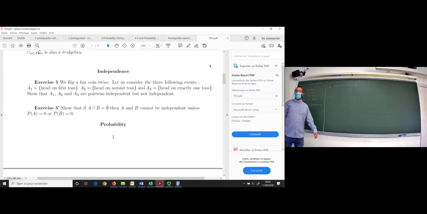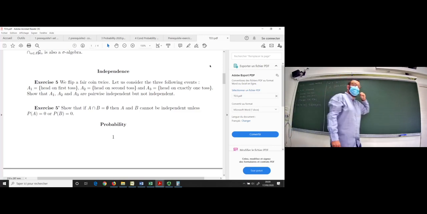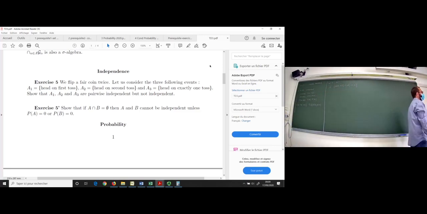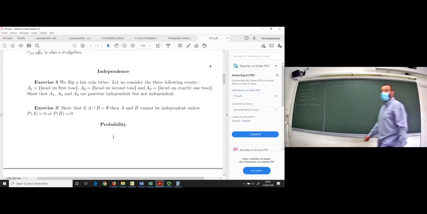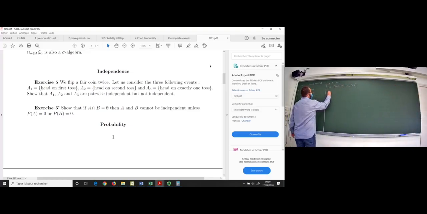I have pairs representing that the first component is what happened in the first toss, and the second what happened in the second one. The number of elements in omega is 4, so to compute probability, I will divide by 4.